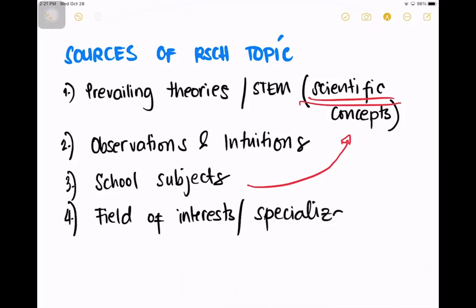Of course, since practical research is an applied subject, that means our research topics should be related to our strand or our track. So let's say, for instance, you are in the TVL track and you are specifically into automotive servicing as your strand. In there you could find, okay, what interesting topics can I look into if my specialization is on cars?